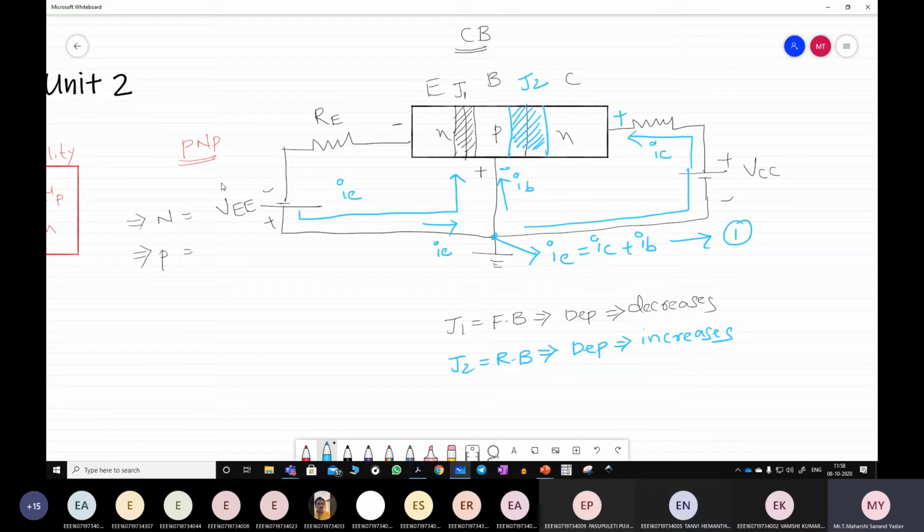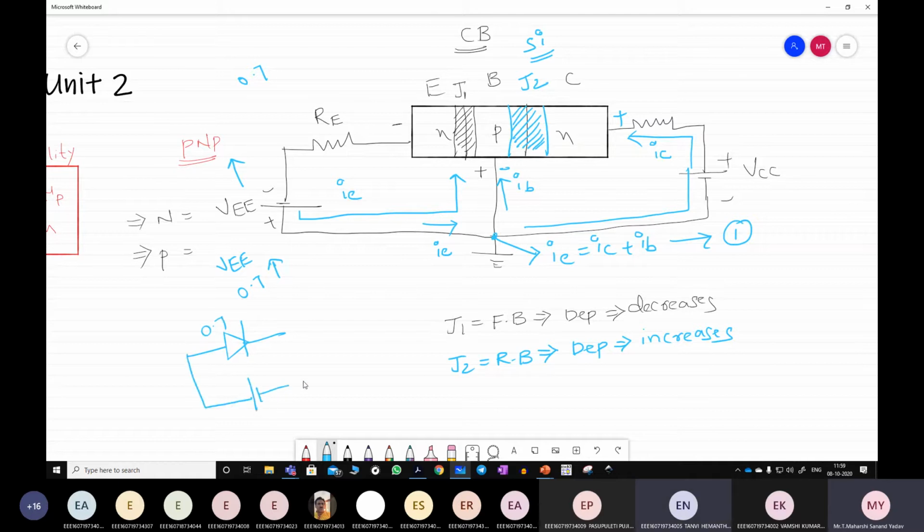Suppose I'm trying to increase this VEE, assuming the diode is silicon, so the cut-in voltage will be 0.7. If the input voltage VEE is greater than 0.7, then what will happen? Generally this is the diode, a silicon diode with cut-in voltage of 0.7.